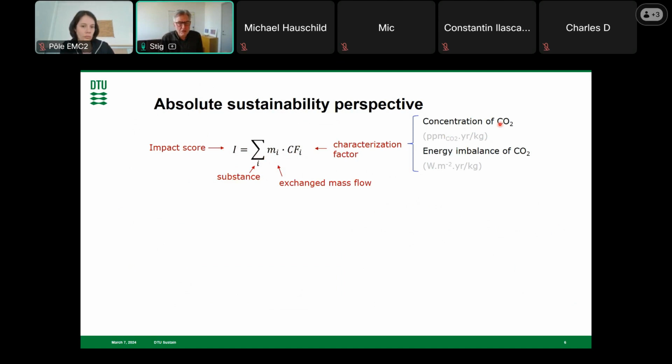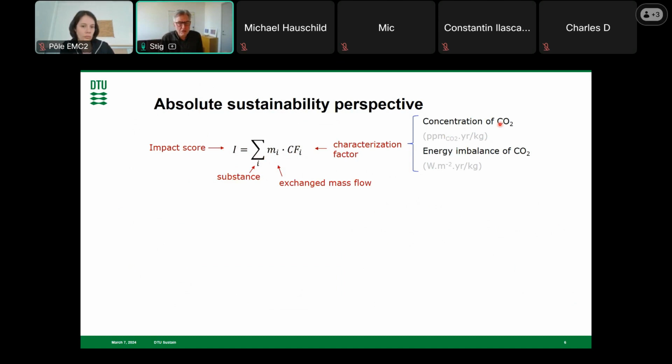What we are looking at when we talk about the absolute sustainability perspective are the planetary boundaries. The planetary boundary for climate change has been calculated in two different ways. One is the concentration of carbon dioxide in ppm, carbon dioxide per year per kilogram.